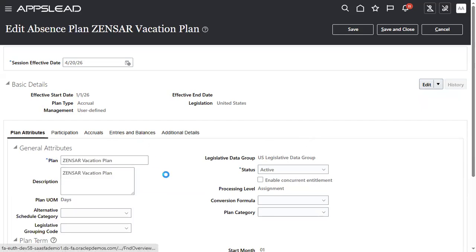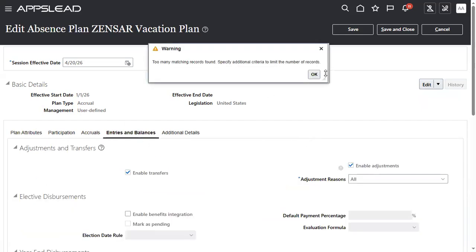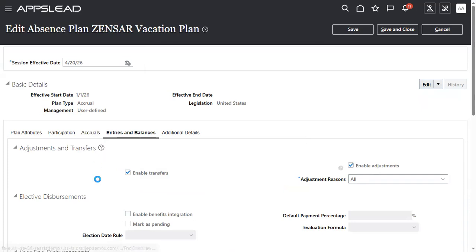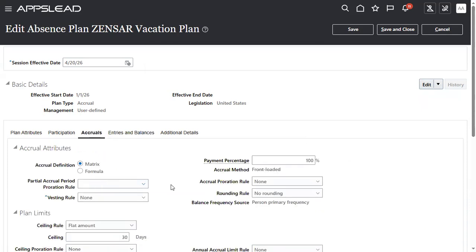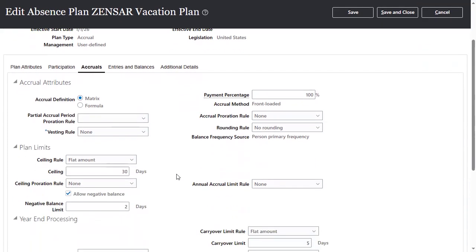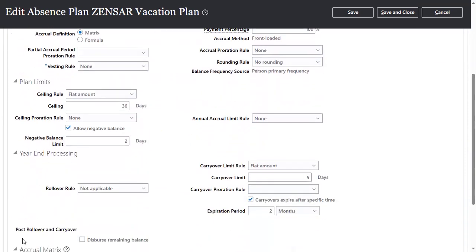When we go to this accruals tab here, we can find it. This is the classic UI. The functionality is the same, whether it is the classic way or Redwood. Now I see here both the rollover rule and the carryover limit.